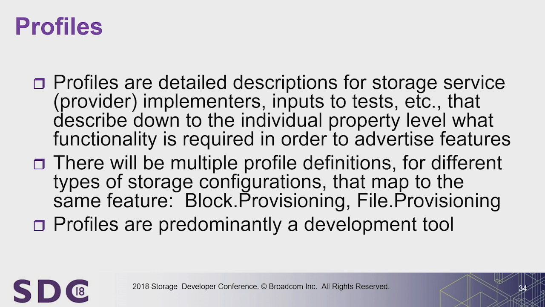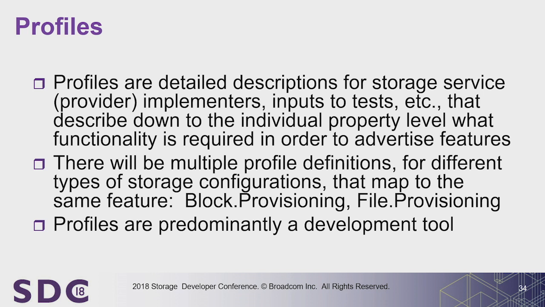So getting back to some of the questions earlier about how do you know specifically what to implement? This is how you know specifically what to implement for a particular configuration, for a specific feature, right?